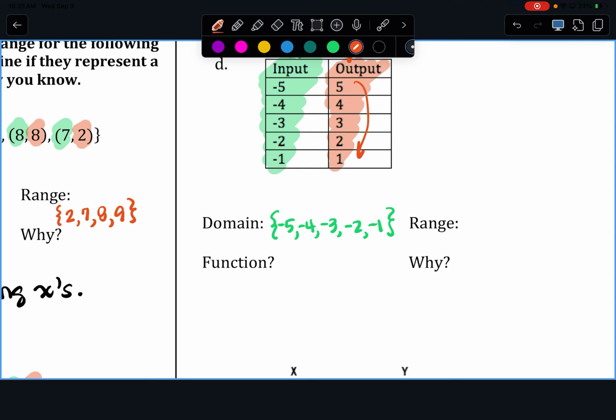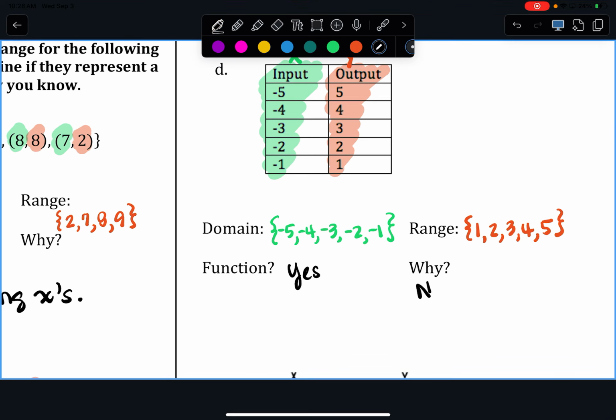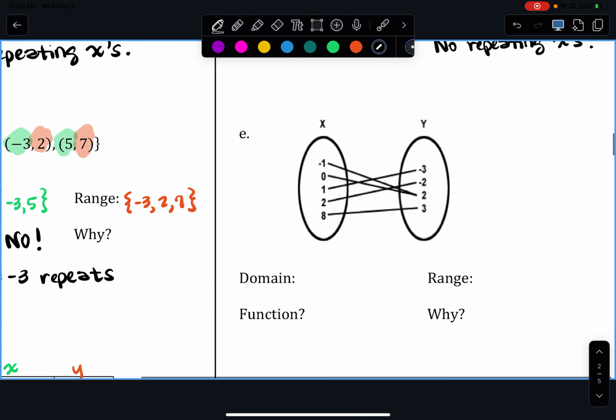Don't just write it in the order that it's written in the table, because range and domain is always least to greatest. I know we went from top to bottom over here, but we have to go from bottom to top on the y side because it's least to greatest. So 1, 2, 3, 4, 5. Is this a function? Yes, it totally is a function, and it has no repeating x's. There's no trickery here.